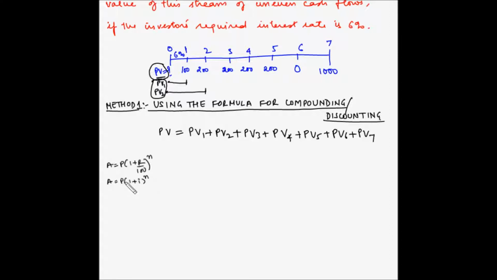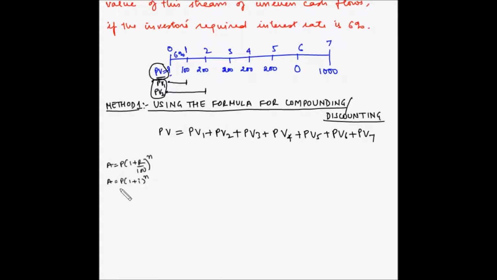A is the amount of money that we are going to get at the end of the tenure. P is the amount of money or the principal which is being invested at the beginning of the tenure. I is the rate of interest per annum, and n is the number of compounding periods.